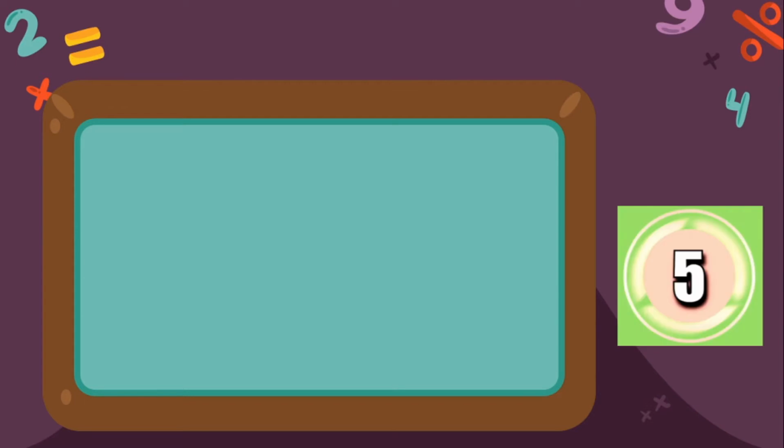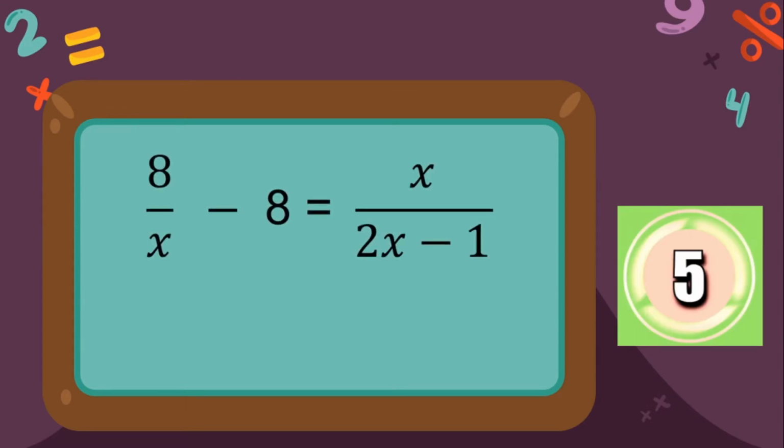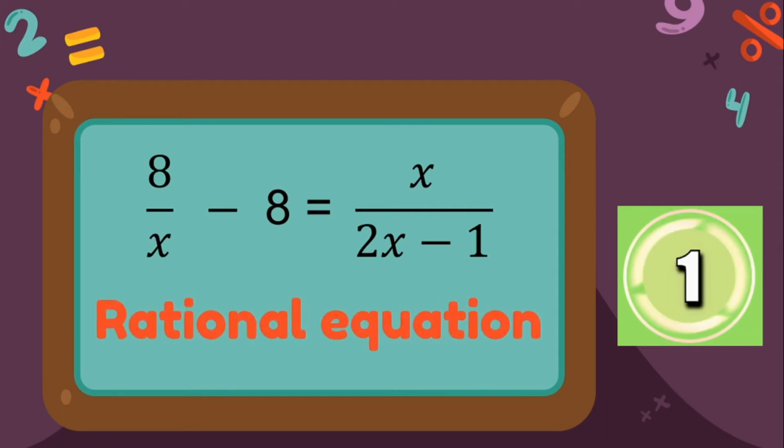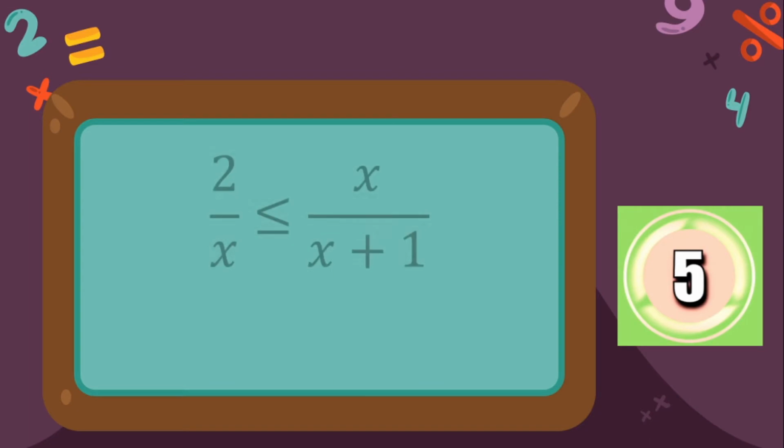Next. 8 over x minus 8 is equal to x over 2x minus 1. The answer is correct. This is an example of a rational equation. How about this one?